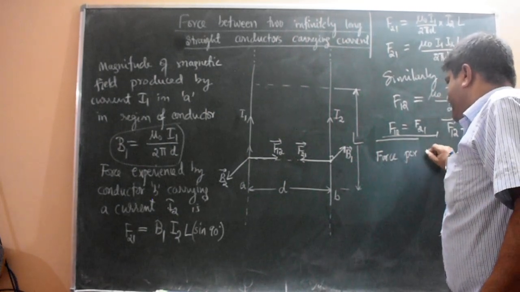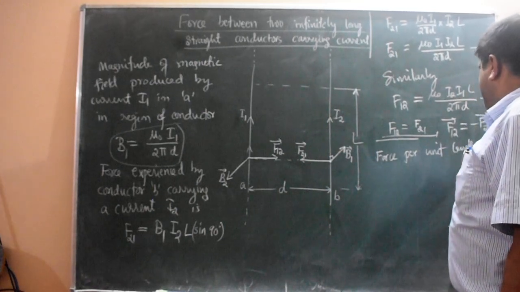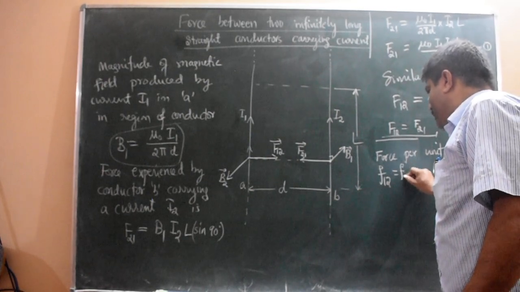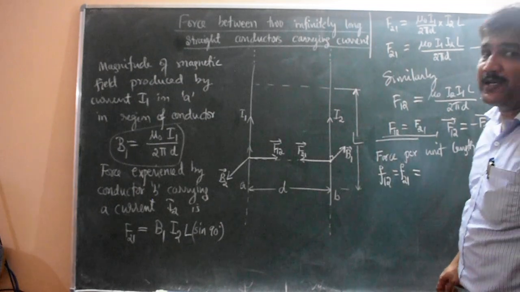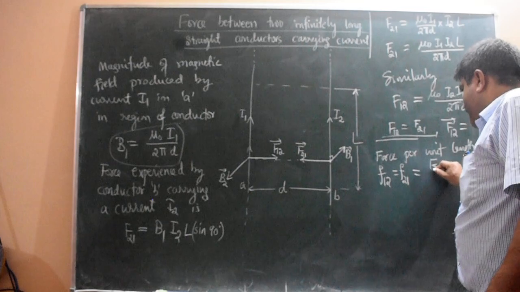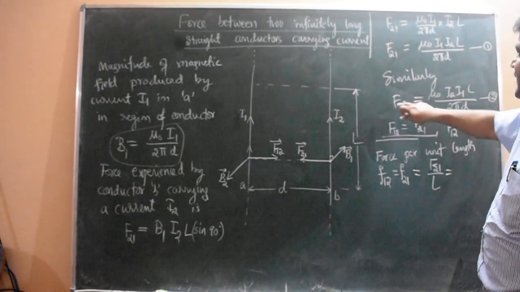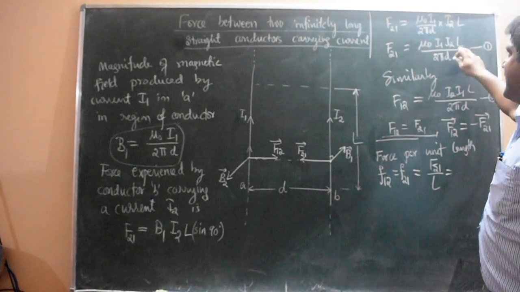Now we can also define force per unit length. Force per unit length, F12 equals F21, I will show with small f. That is equal to force F21 divided by length. F12 and F21 are equal in expression, so divide by length means take L to the LHS.